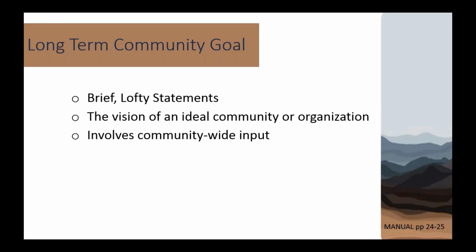After you've explained that, you want to then explain how your proposed project was chosen as your community's best option to move toward your long-term community goals. So you just want to make sure your long-term community goal is an ideal situation you want your community to be in.